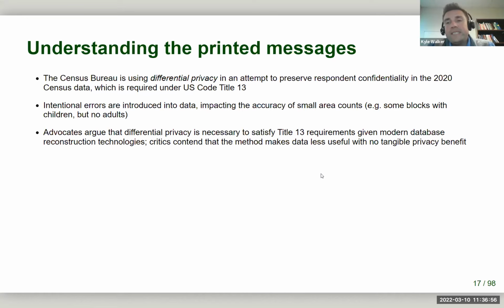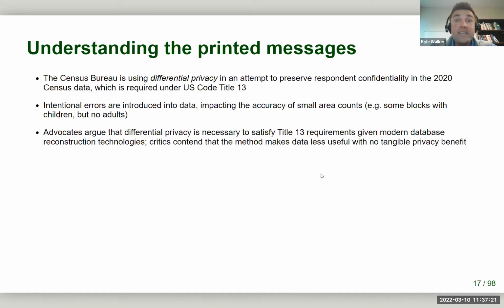So differential privacy is a concept coming from computer science that introduces noise or intentional errors into data in order to make it difficult, if not impossible, for someone to reverse engineer the census and identify individuals from census data.